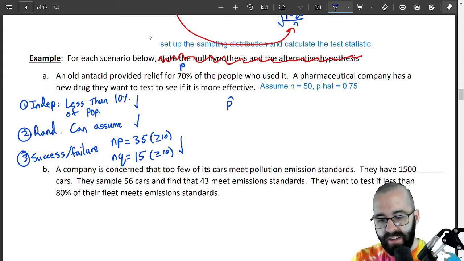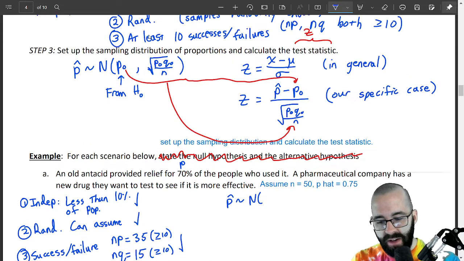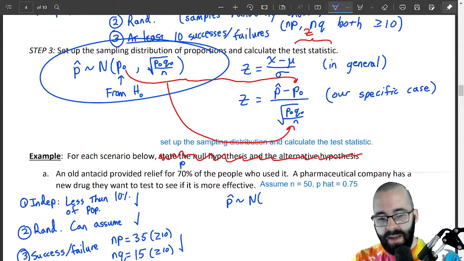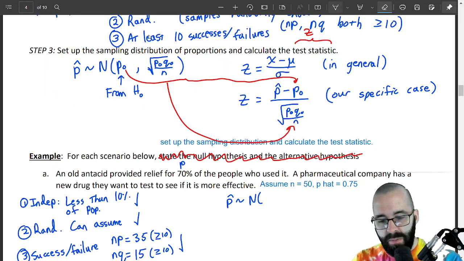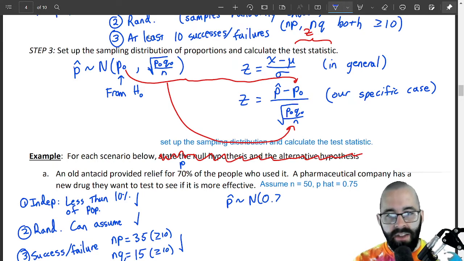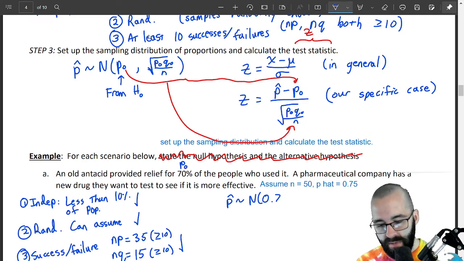So p hat is going to be normally distributed with mean, let's use this information from up here, the mean of the sampling distribution is going to be p naught from that null hypothesis, that assumption or status quo from the last video, which is 70%. And the standard error, well, we're going to have to calculate that off to the side.